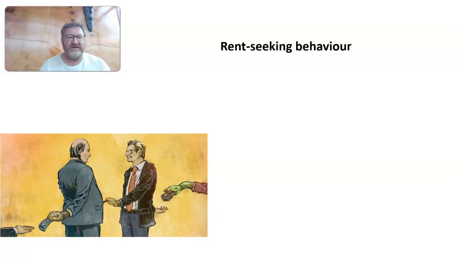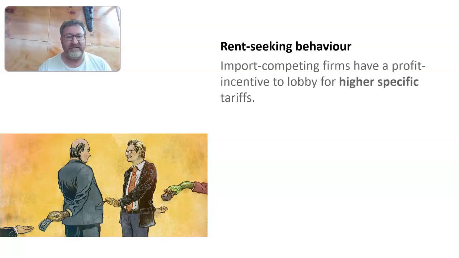The last implication for the imposition of these tariffs relates to rent-seeking behaviour. And this is really about the interaction between business and government. Import competing firms will have a profit incentive to lobby the Trump administration for higher specific tariffs, for greater protection for their particular sector.